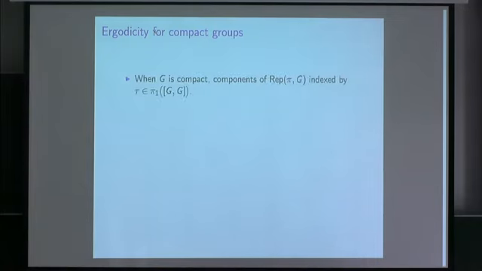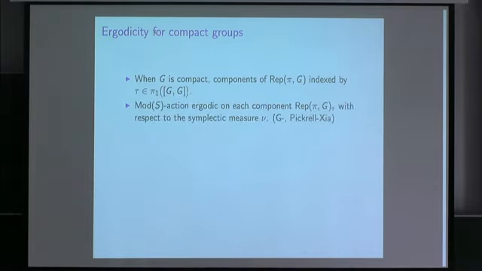The case that isn't so important for geometric structures but still quite interesting is when G is a compact Lie group. The components of the representations correspond to the elements in the fundamental group of the commutator subgroup, or the maximal semi-simple subgroup.